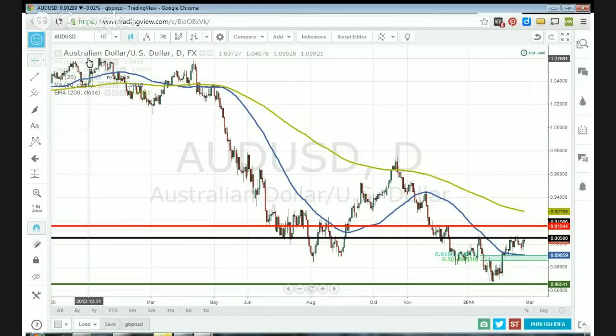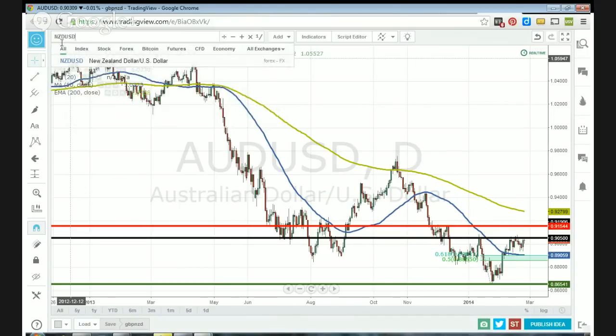I have a short Aussie Kiwi and short Aussie dollar. If the Aussie Kiwi and Aussie dollar both get filled, I will close out one of the three, probably the Aussie yen, because I have the least amount of confidence in that. But we'll see.